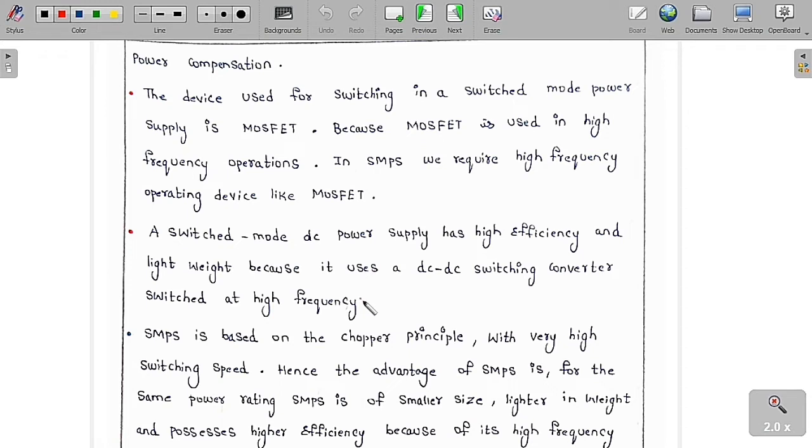As I have already told you, SMPS uses a DC to DC chopper, with a high frequency application. The MOSFET is used here, and it has a very high efficiency and light weight, because the converter is switched at very high frequency by using the MOSFET switch.